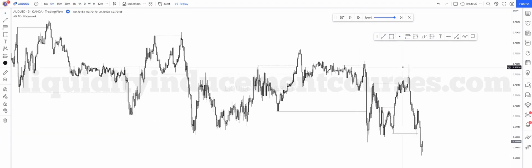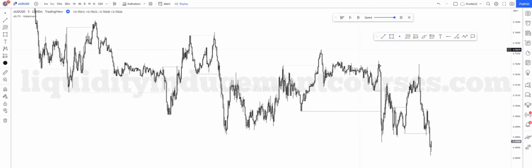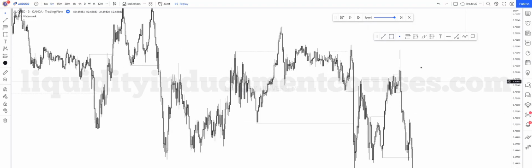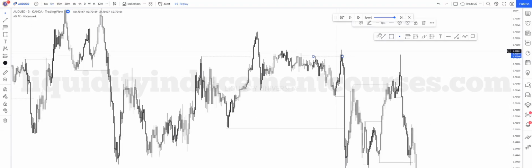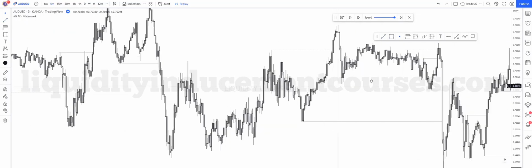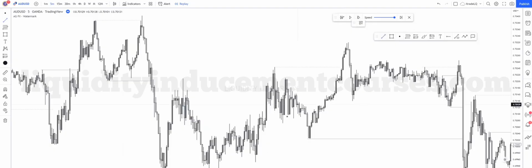There we go. Just trying to find the obvious ones. Strong low right here. All right, take out liquidity. Just choosing the most recent low right there. Structure point.